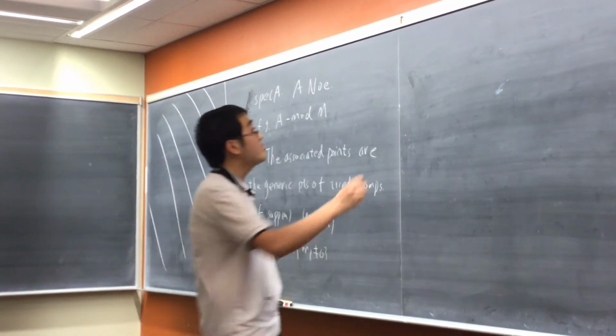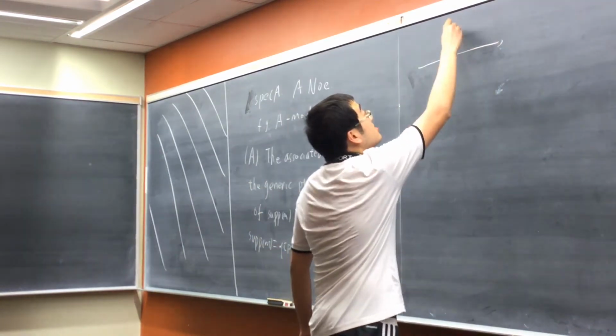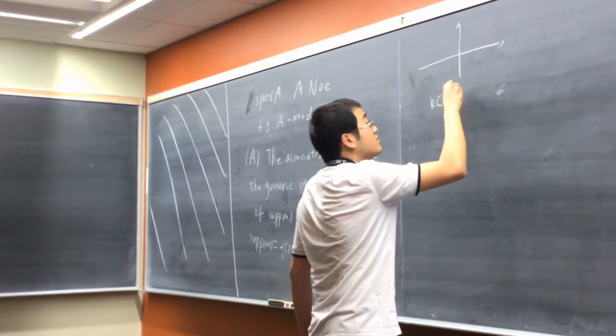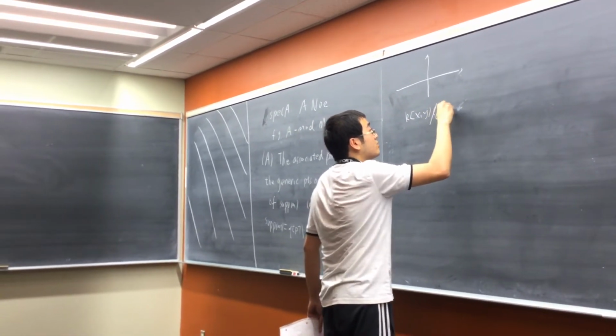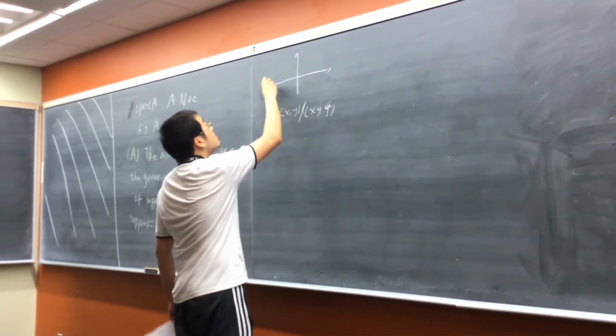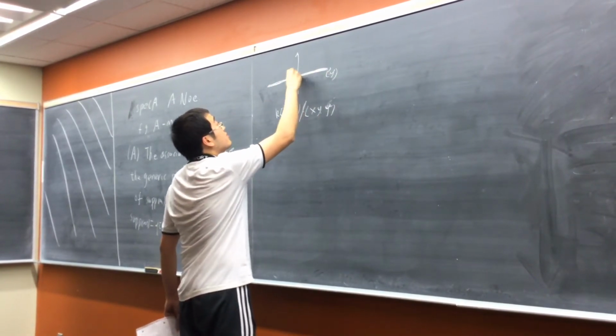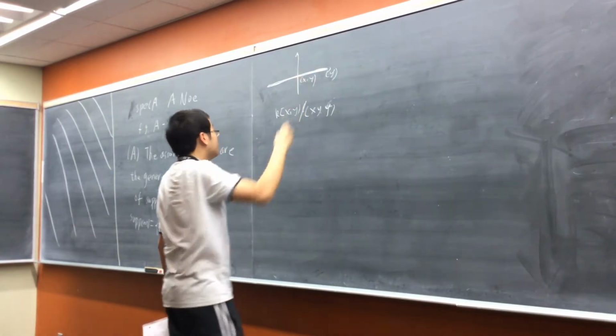Remember last time we talked about that example, k[x,y]/(xy, y^2), where one generic point will be (y) and the other one is (x,y).